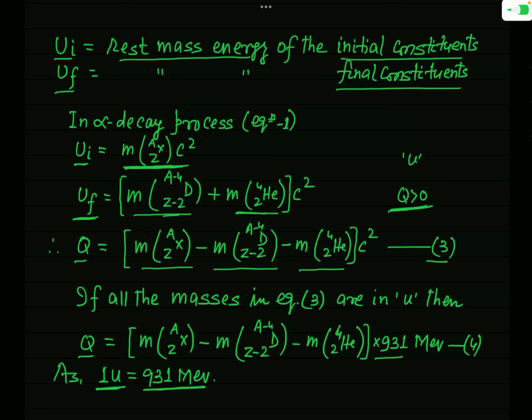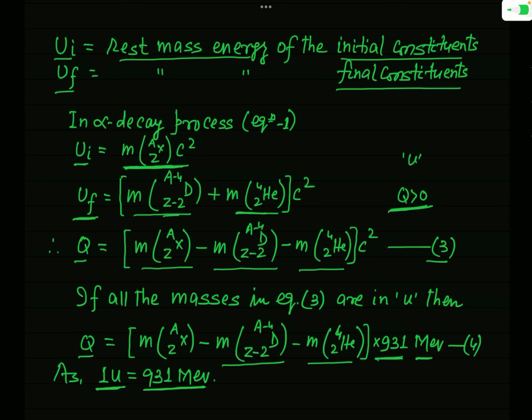So the Q value of this process will be what? M of ZXA minus M of Z minus 2 DA minus 4 minus M of 2He4, times 931 mega electron volt. Remember, in this equation 4, all the masses appearing will be in atomic mass unit. Then you simply multiply by 931 and you get the Q value in mega electron volt.